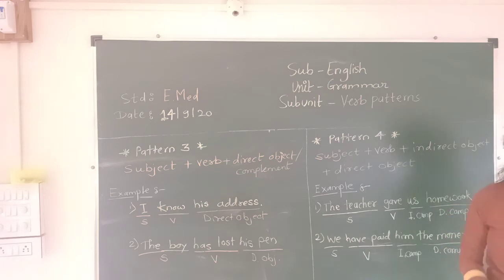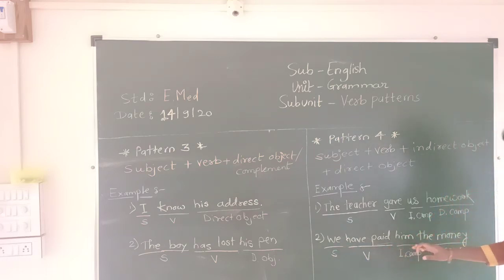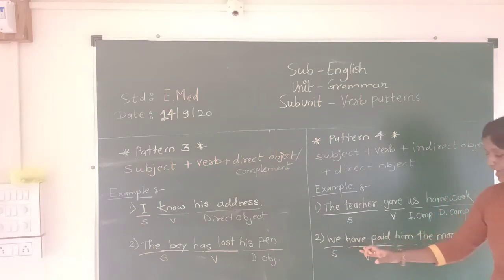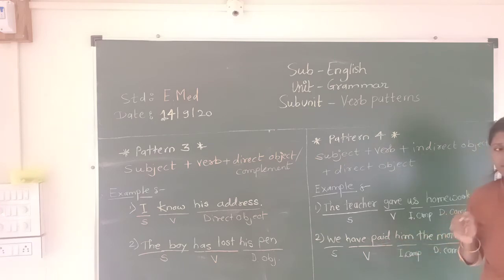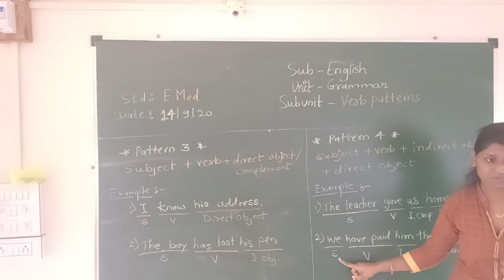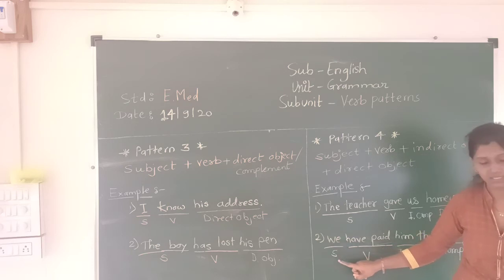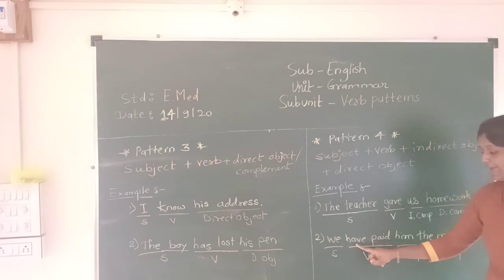One more example we will see. We have paid him the money. Now in this sentence, we is the subject part, because we is a pronoun. Then have paid is known as the verb part.